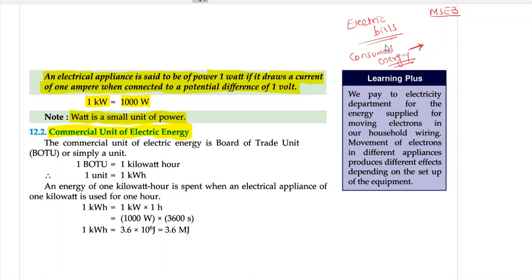So the MSEB organization, the electricity supply department, they send their people to check the meters. It is your meter actually, but it is given to you by the company. So the company will check your meter and they will take the reading periodically. Every month they come and take the reading. And that reading is basically the energy which you have consumed during a particular period, right? So that consumed energy, that reading, is in the commercial unit of electric energy, which is informally known as units.